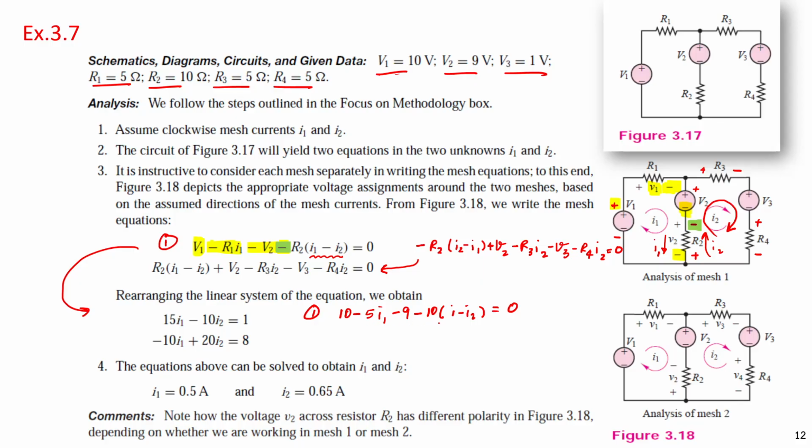So how much for this? 10 minus 9 is 1. Then minus 5 minus 10 is minus 15 I1, and plus 10 I2 equal to 0. So we move this to the other side: 15 I1 minus 10 I2 equal to 1. Then we get this equation.